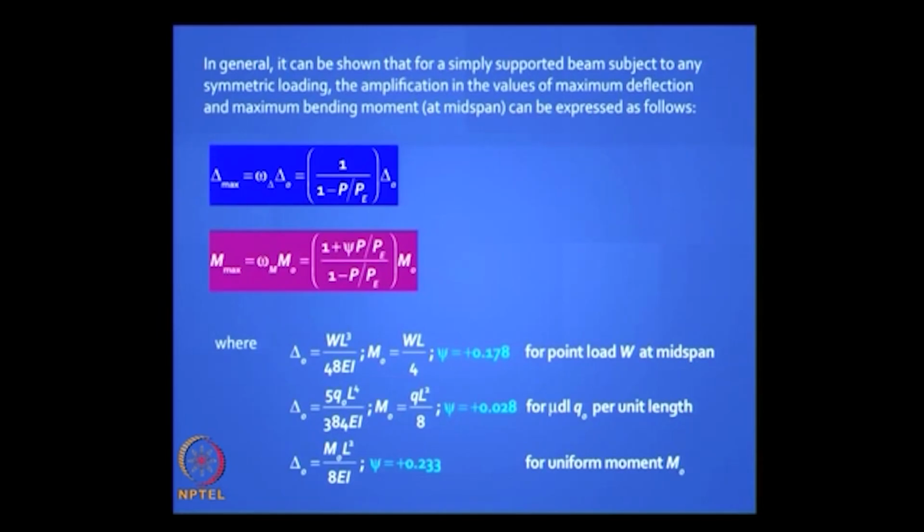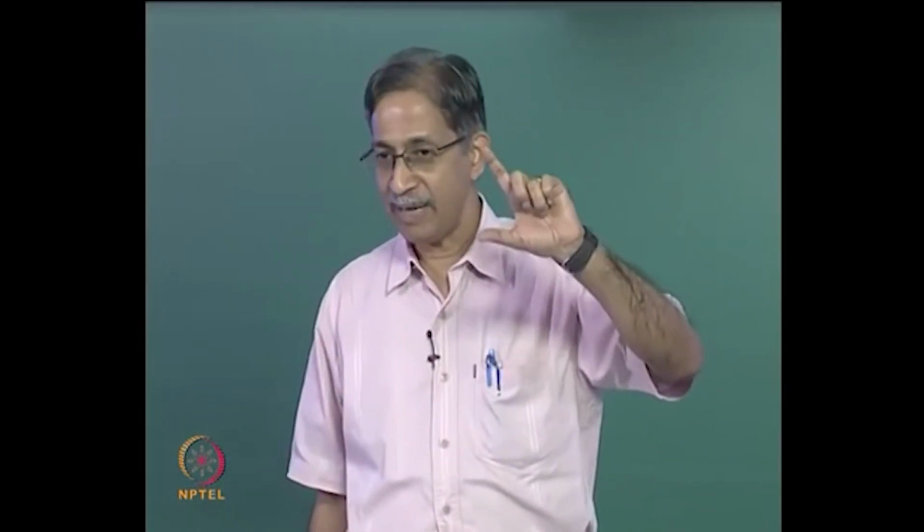Don't worry too much about this, but you can generalize and say, if I have second order effects, my maximum deflection will increase by a factor omega delta, my maximum moment will also increase, and that factor may not be the same as the factor that I have for deflection, so I'll call it omega m. Is it clear? These things have been worked out for different boundary conditions and different load cases. You can find out what the magnification factor is.